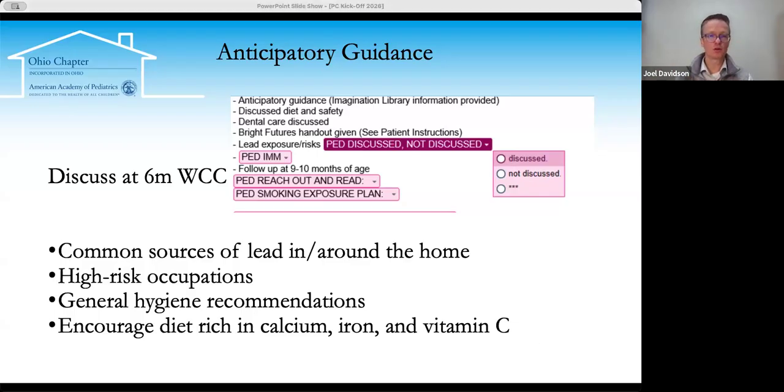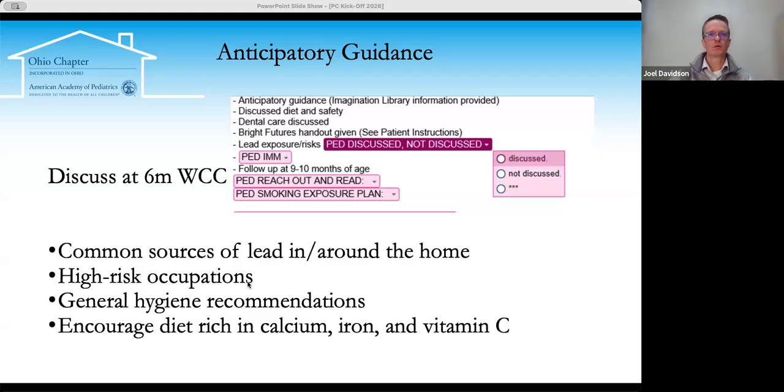Making sure that they have a good calcium source, good sources of iron, and a good level of vitamin C. All of those things are not going to eliminate lead. They're not going to chelate lead out of the body, but a child that has a healthy diet in these things is less likely to seek out sources of lead in their environment.